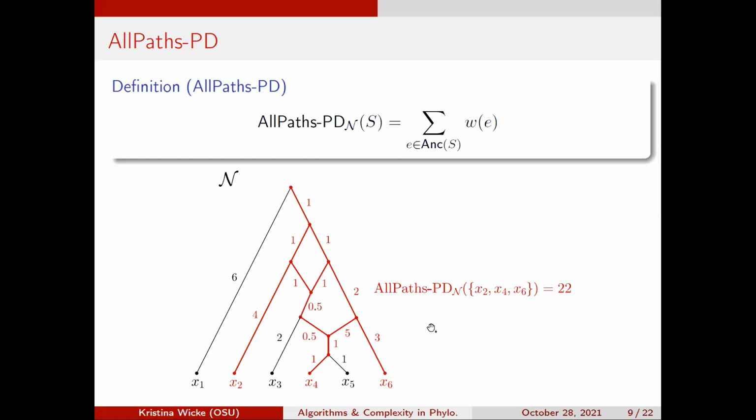Adding up the branch lengths gives a value of 22. And so all-path PD is maybe the most natural generalization of diversity PD on trees, because what we kind of assume here again is that features arise proportional to edge length, and the species inherits all the features from any of its ancestral edges. So that's the first measure we can think of.